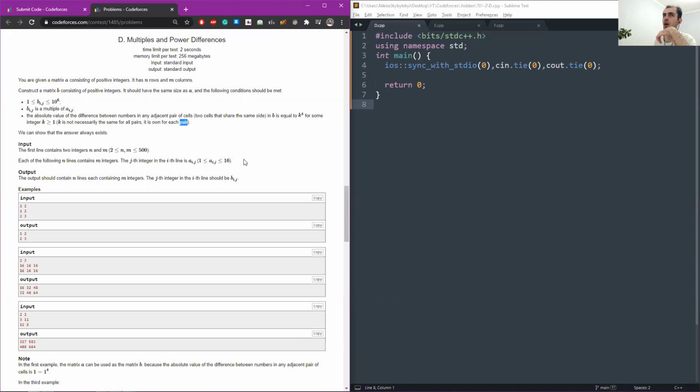What the? But that's not true. Oh, okay, so Aij is at most 16.